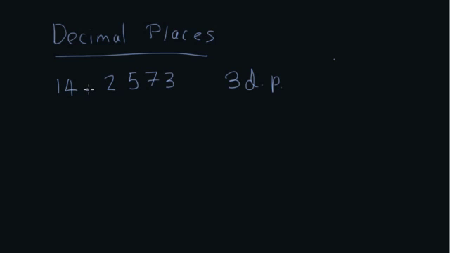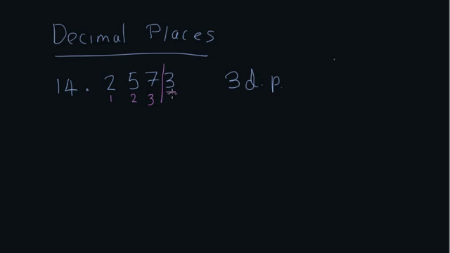So we look after the decimal point to the third decimal place. I'll use a different colour for that. So this is your first decimal place, second, and the third decimal place.